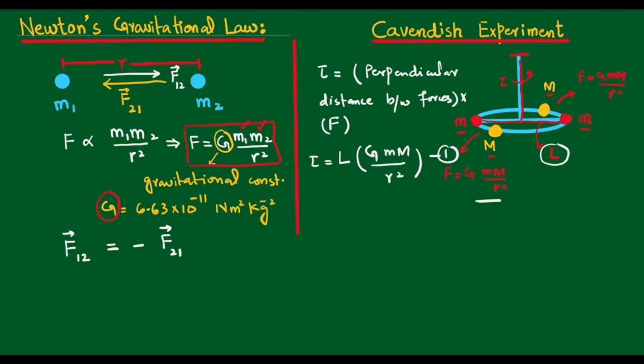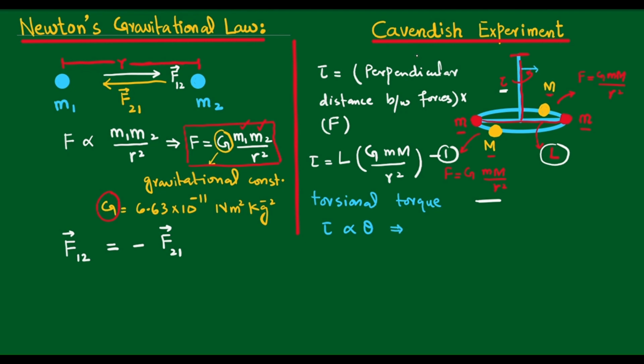Due to this torque, the string will be twisted, and there will be a torsional torque in the string. That torque is directly proportional to the angle theta, which we can measure if we place a needle or a mirror with this string.